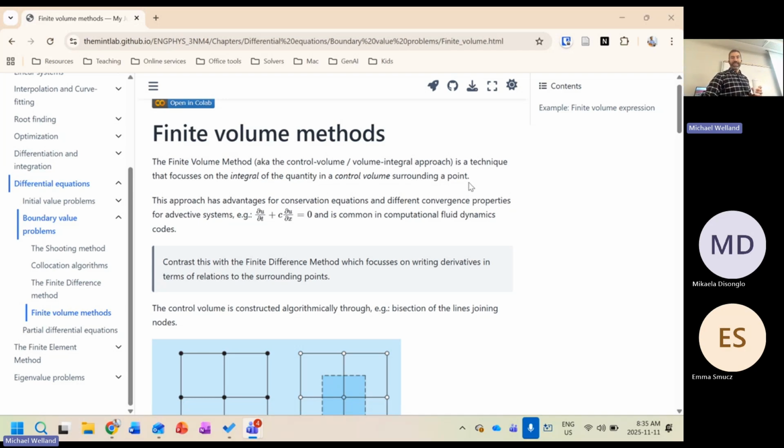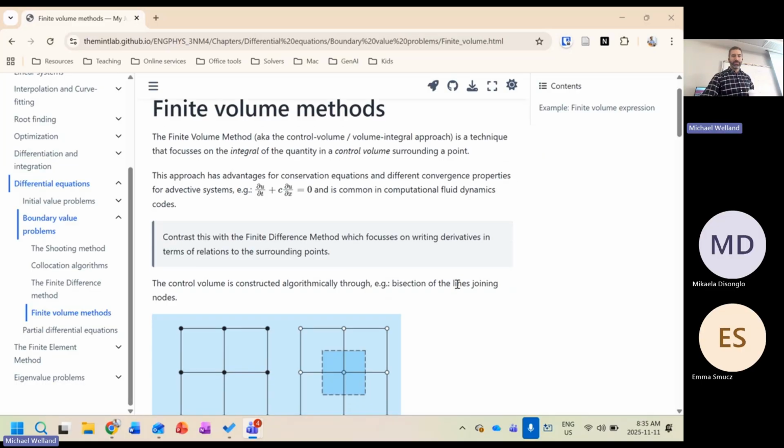Sometimes you would call it control volume integral approach, because it's focusing on the integral of the quantity inside a control volume. So in this case, because you're just in 1D, your control volume is just an integral, right? Finite difference just focuses on writing the derivatives.